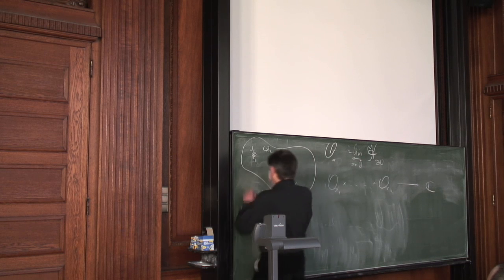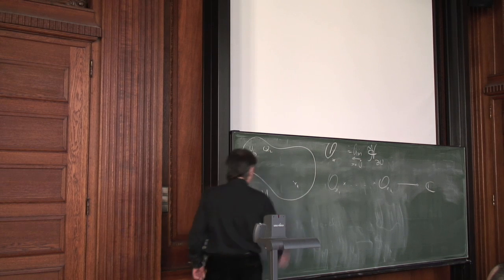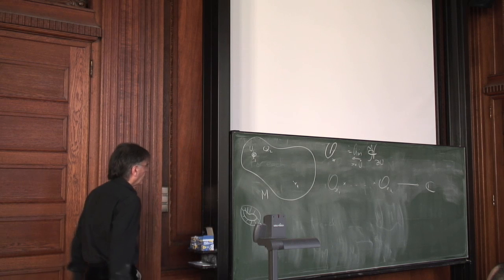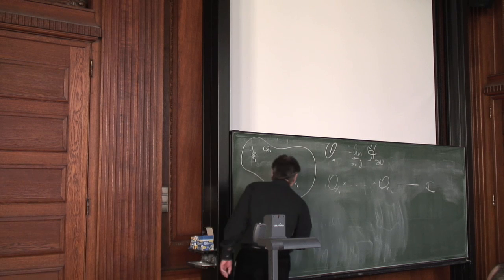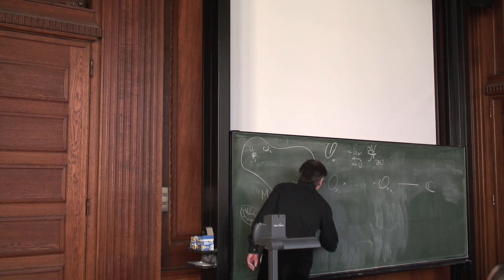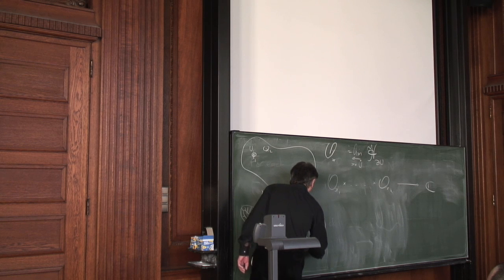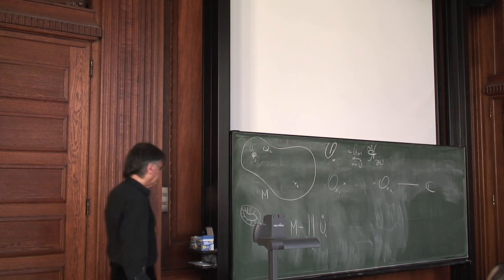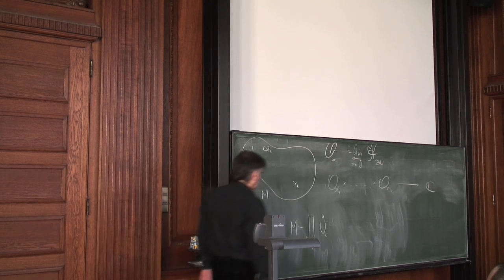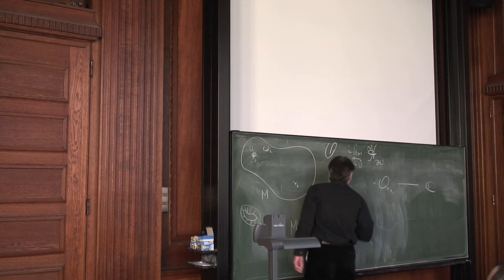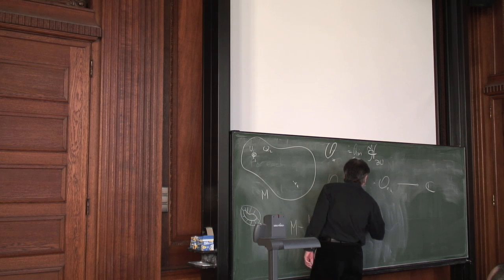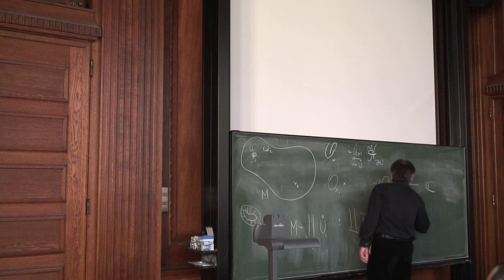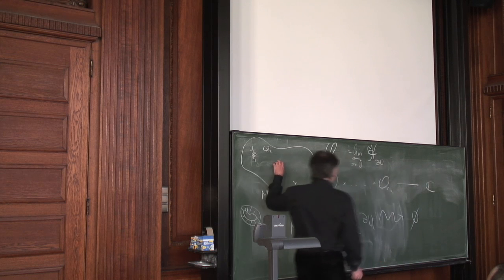If we define a manifold by taking out from M the disjoint union of all those little disks, or strictly speaking, their interiors, so that's the punctured manifold, you can think of that as being a cobordism from the boundary of the disks to the empty manifold. I'm assuming M is a closed manifold.